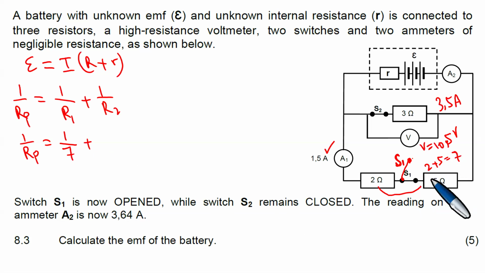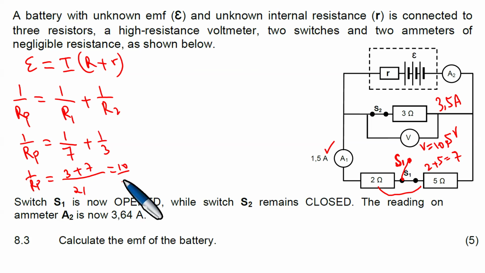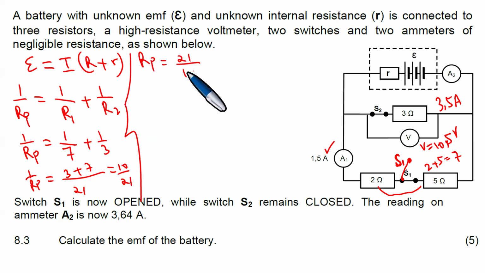So we have 1 over 7 plus 1 over 3. Therefore 1 over R parallel is 3 plus 7 over 21, giving us 10 out of 21, which is 21 divided by 10, 2.1 ohms.